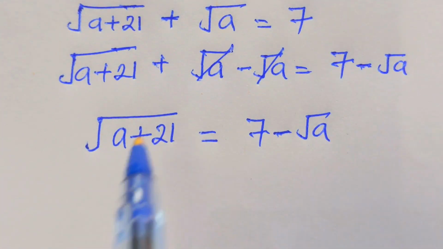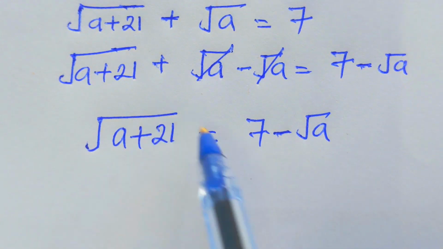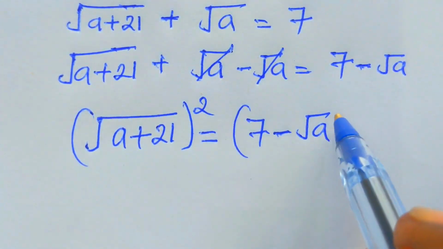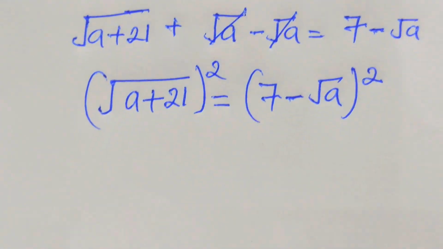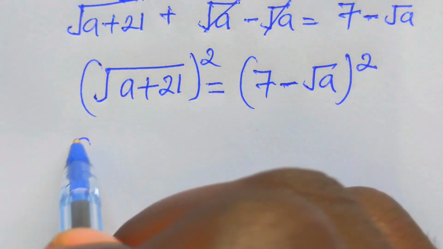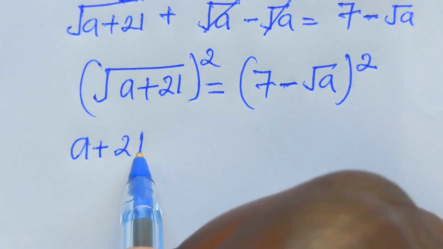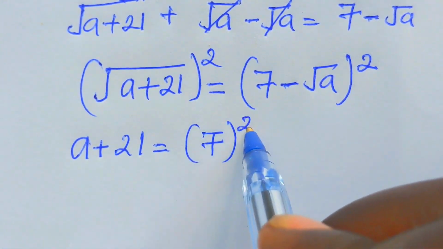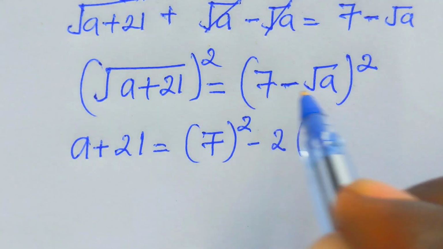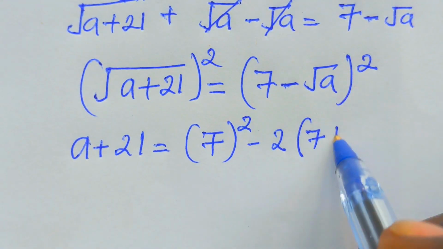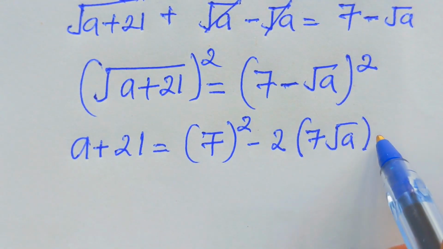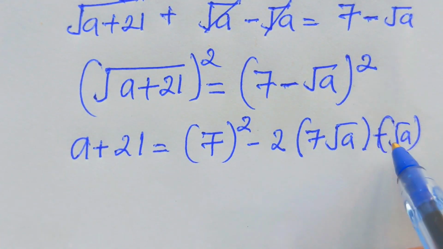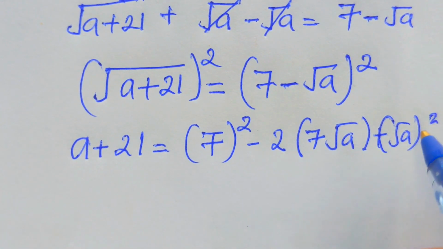At this stage, we want to remove this square root by squaring both sides. Now we remain with only a plus 21 equal to 7 squared minus 2 times 7 times the square root of a, plus the square root of a squared.